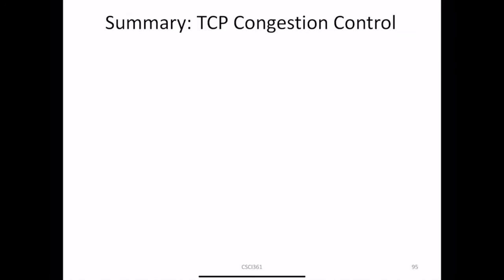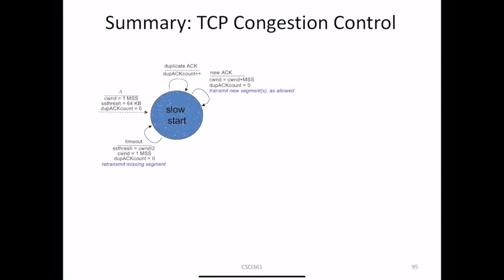Then let's summarize this TCP congestion control. Initially, the TCP sender will start from the slow start state. Before they start sending, they need to do some initialization settings, which is here.